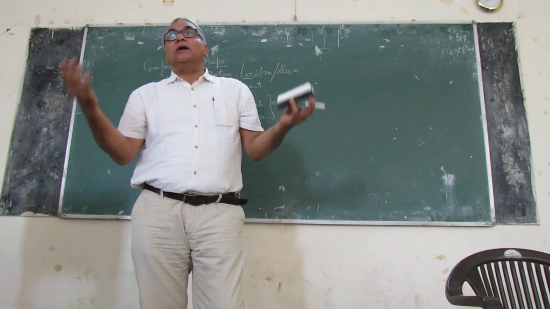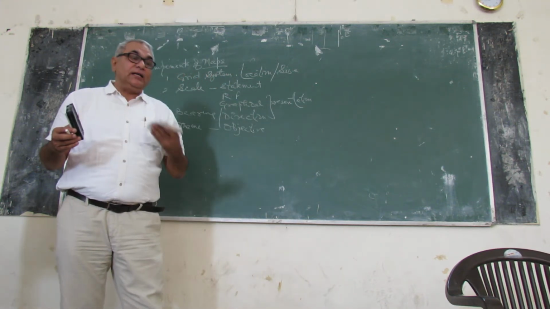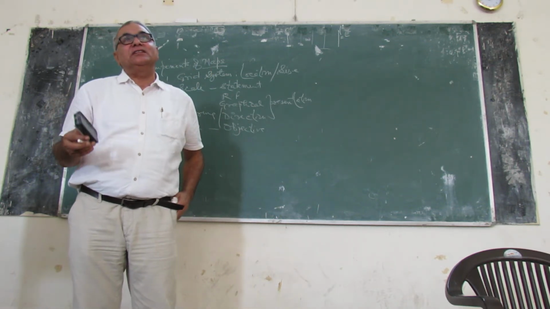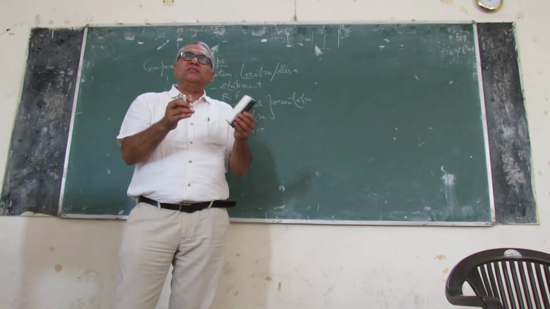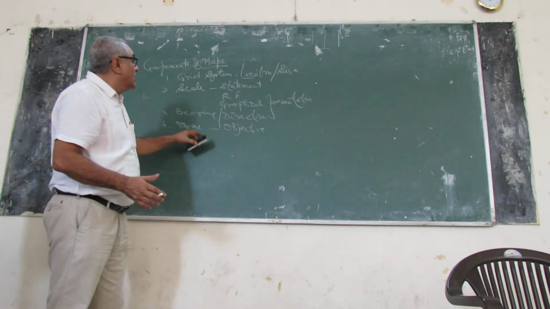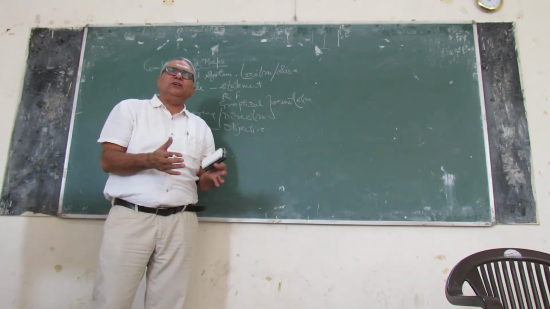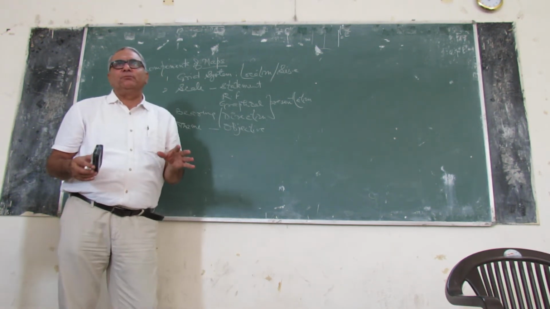The purpose is to compare regions: which area has high population density, which area has low population density, or whatever information we have, we put on the map. That is the theme. The rest of the information comes under these four major components.